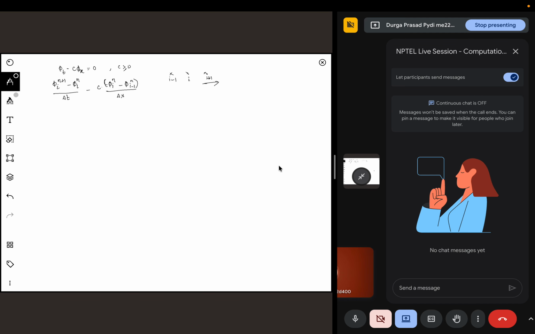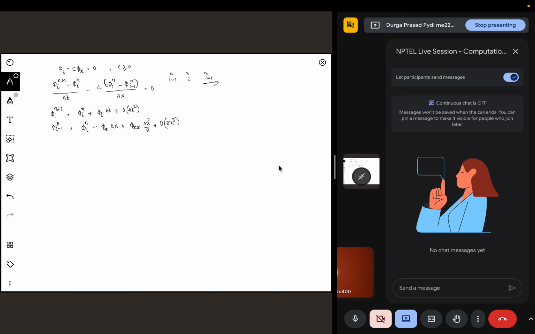So what we do now is we try to understand the error for this. We do a Taylor series expansion. So phi^{n+1} is phi^n plus phi_t times delta t plus some other higher order terms. And similarly, we have phi_{i-1}^n plus some higher order terms.